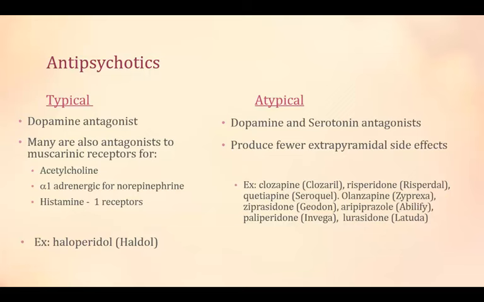It can cause those types of symptoms. It also causes orthostatic hypotension, and it's actually been found to prolong the QT interval, which opens up a person to cardiac abnormalities.